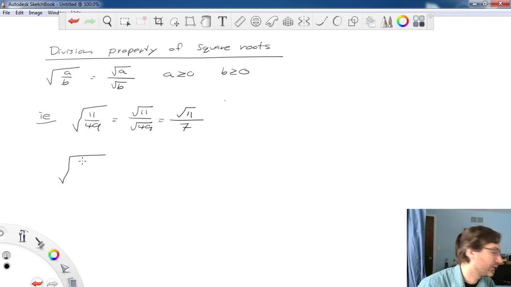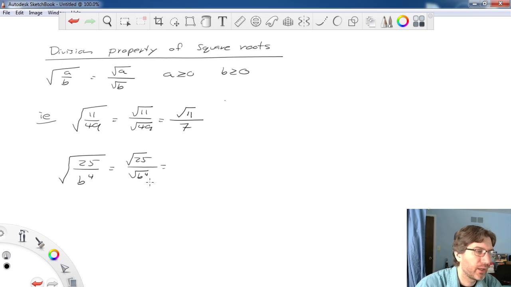Right, we can also look at ones where it has variables in it. If you recall your variable stuff from yesterday, was this 25 over b to the 4th. In this case, again, same kind of thing. You can break it off into the square root of the numerator and the square root of the denominator. So we're going to say this is the square root of 25 over the square root of b to the 4th. And these are both perfect squares. I know the variable one is because it is an even number, if you recall from yesterday.